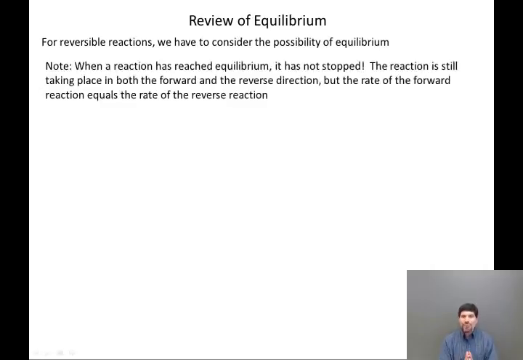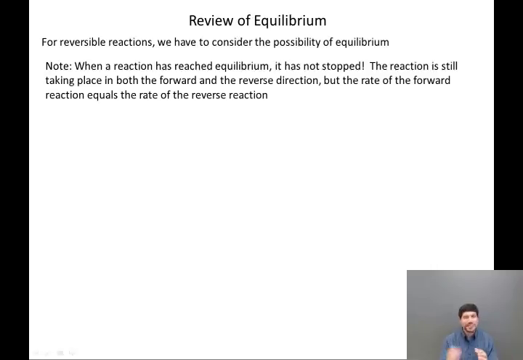The first thing I want to review is that when a reaction reaches equilibrium, it has not actually stopped. The reaction for a particular molecule is still taking place, both in the forward direction and in the backward direction. But what it means to have reached equilibrium is that the rate of the forward reaction equals the rate of the reverse reaction.